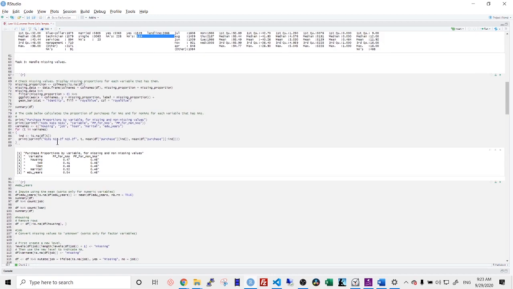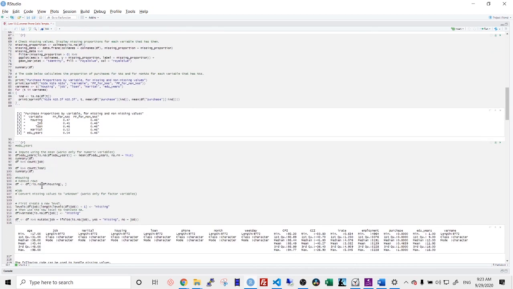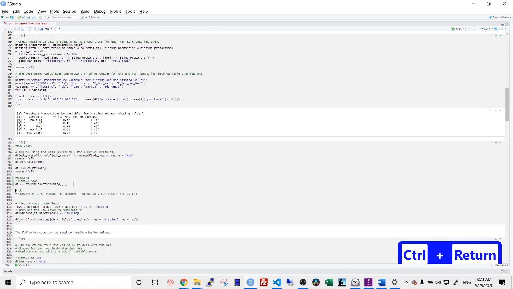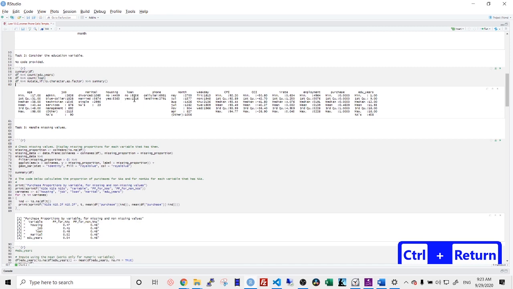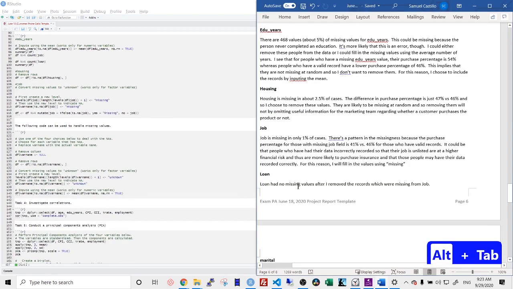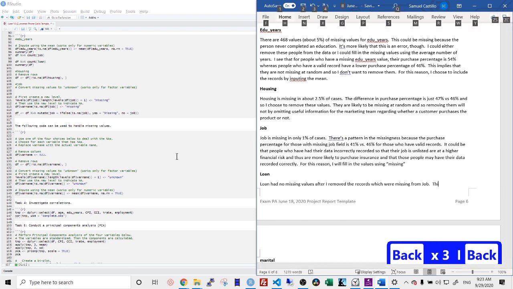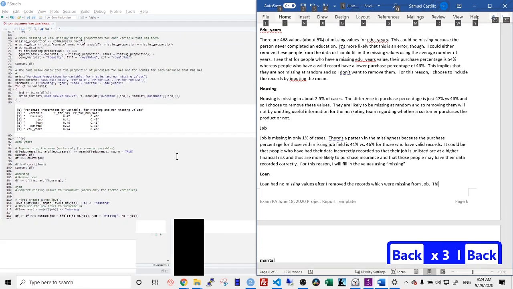But after we removed values where housing was missing, right here, and we go back and run this, we'll see that there are no missing values for loan. So loan had no missing values after I removed the records which were missing from housing. And so you can also look at the purchase percentage for missing versus not missing. So for missing, it's 46%.